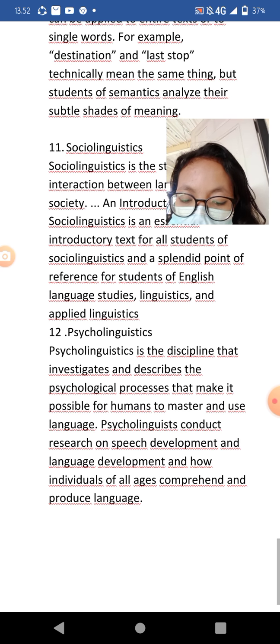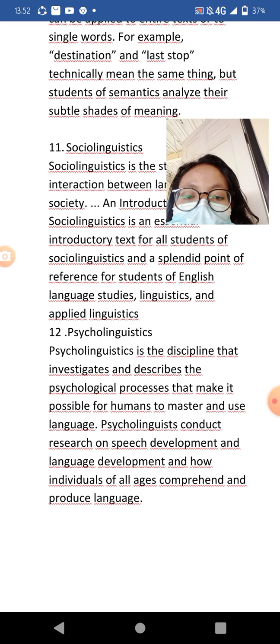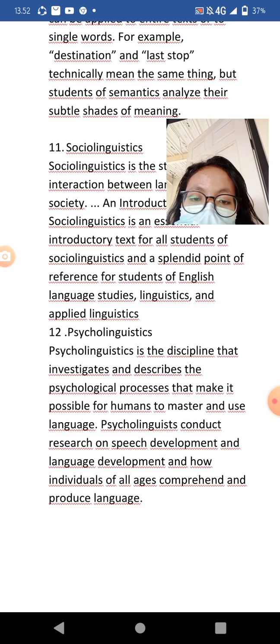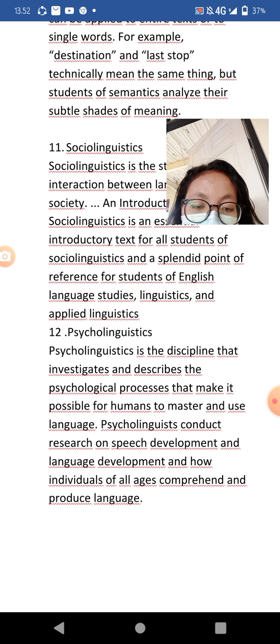Number twelve, psycholinguistics. Psycholinguistics is the discipline that investigates and describes the psychological processes that make it possible for humans to master and use language.